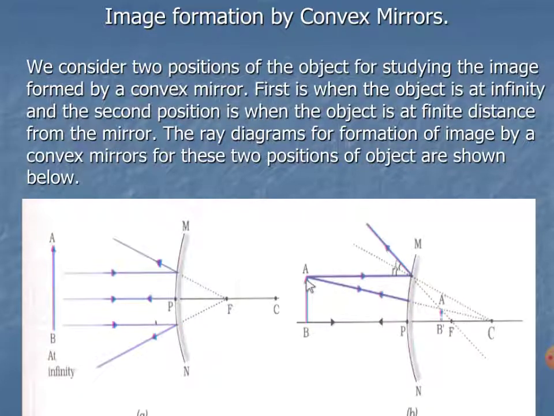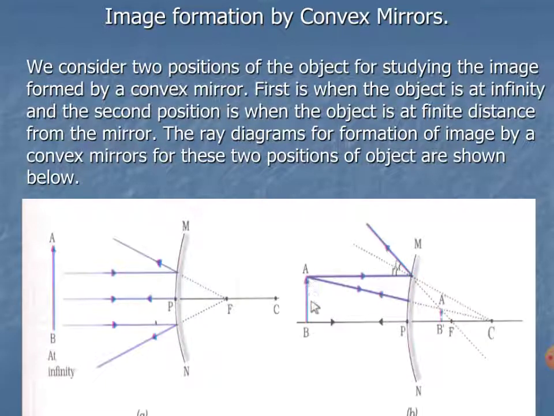Had this object been at the upper portion and its image inverted, at the lower side, coming upward, then we can say it is inverted. Got it? But here it is erect. So these are virtual reflected rays. Intersection of virtual reflected rays will make the image virtual. So the nature of the image will be virtual, erect and diminished.